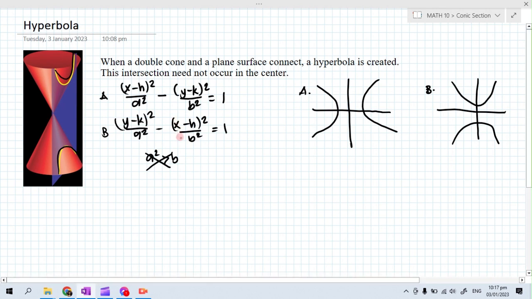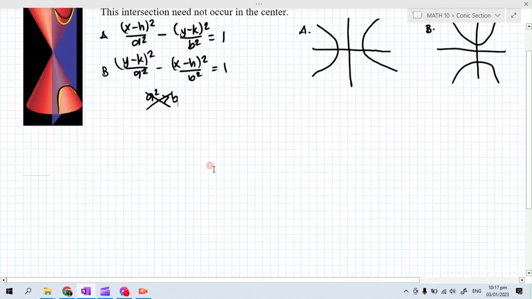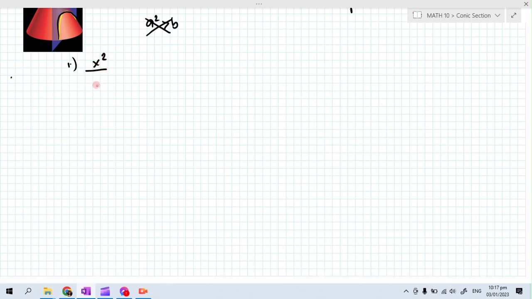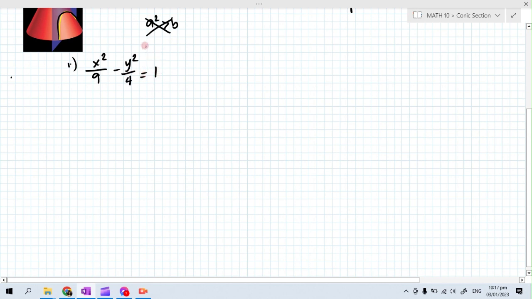If, for example, a certain number appears first in the equation, that is the a. So for example, we have the equation x squared over 9 minus y squared over 4 equals 1.